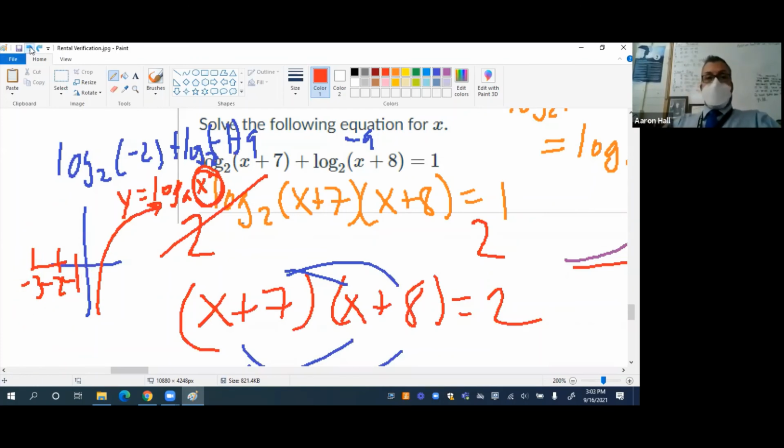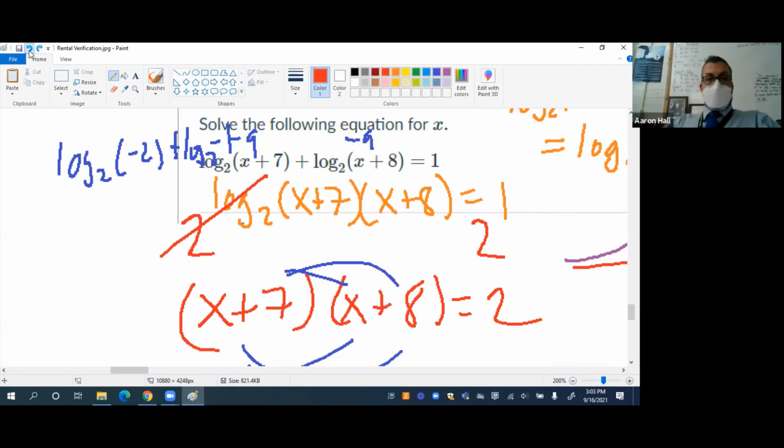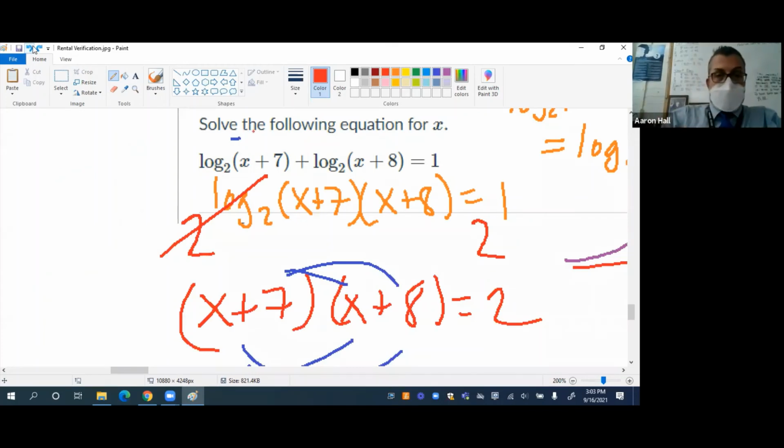X cannot be negative. What if I plug in -6? Is that okay? Can I plug in -6 here? Does that violate any rules of logarithms? Yeah, that doesn't give me a negative number, so that one's allowed.